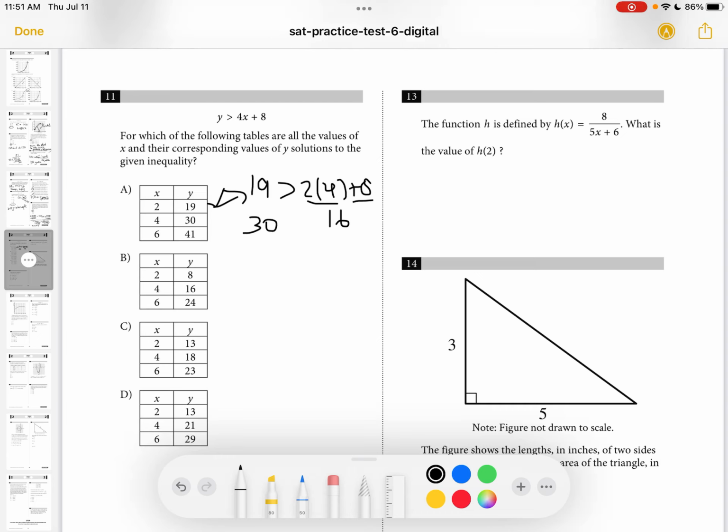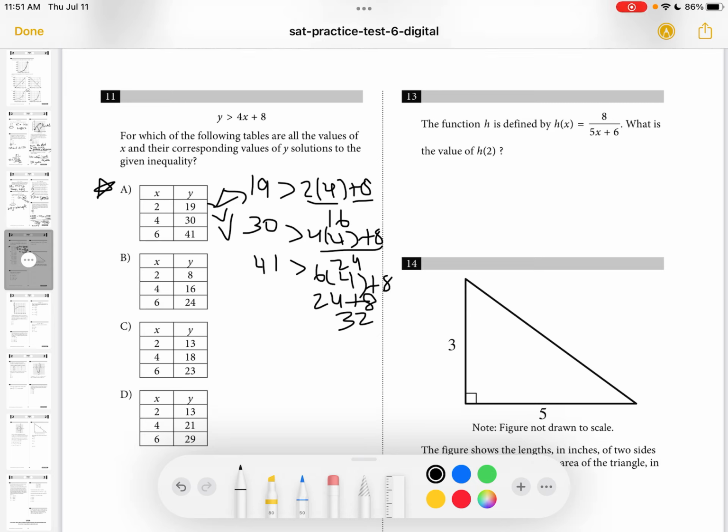Now case 2, 30. 30 is greater than 4 times 4 plus 8. This will be 24, that checks out. And 41 is greater than 6 times 4 plus 8, which is 24 plus 8, and that's 32. So that case also checks out. So A can be a possible answer choice.